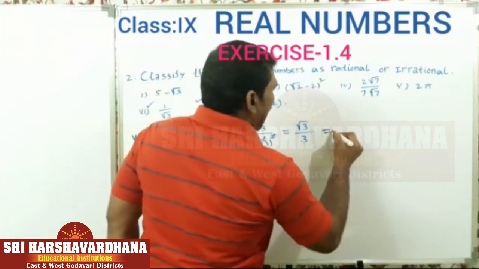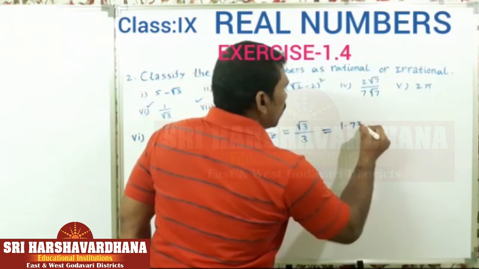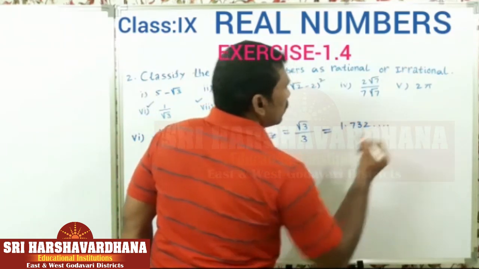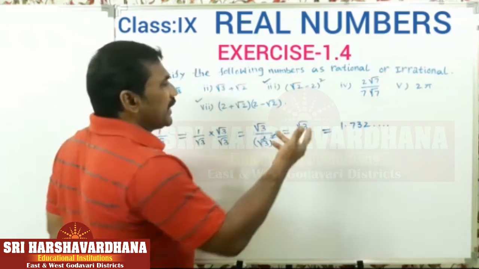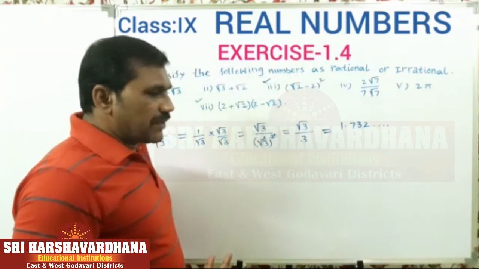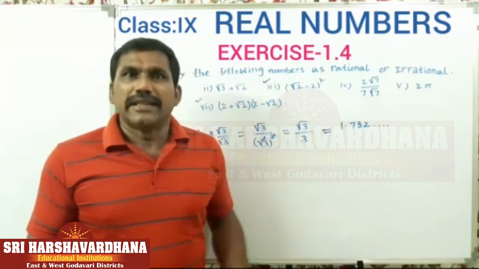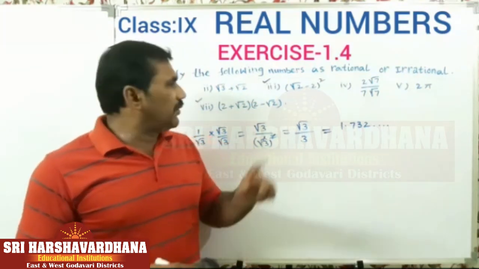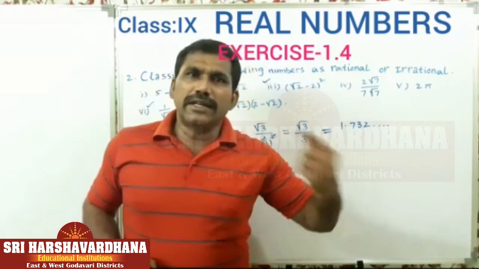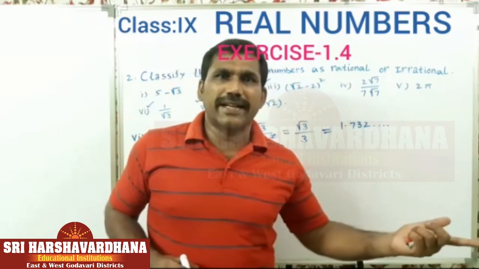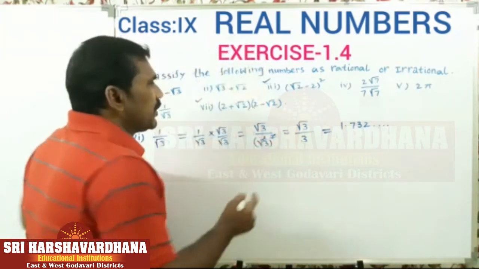What is the value of root 3, children? 1.732 and so on. Why? Because it is an irrational number. So that's why the decimal expansion of this number root 3 is non-terminating, non-recurring. Okay, right.